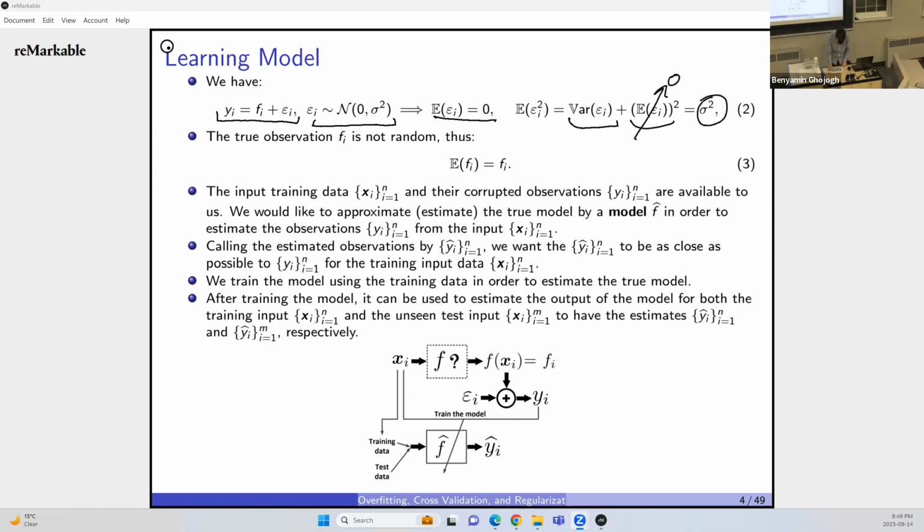And this is sigma squared, because the variance of epsilon i is sigma squared. Also, I know that the expectation of fi is fi, because fi is not random. Fi is the output of the true model, and the true model is not random. So the expectation of fi becomes itself, fi.